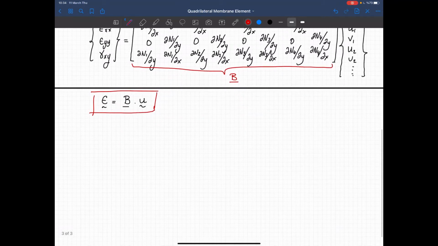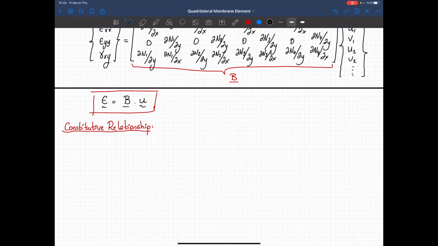Now the next step is the constitutive relationship. We already derived the stress-strain relationship for the plane stress case.